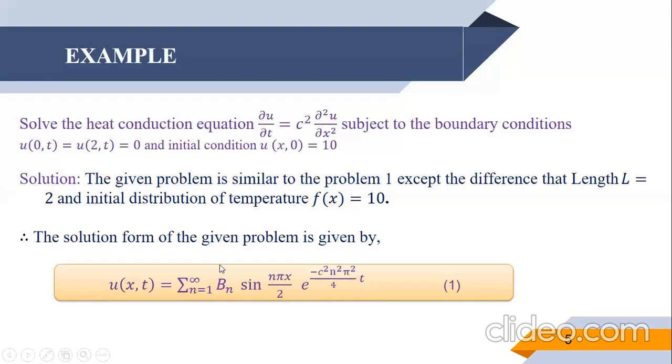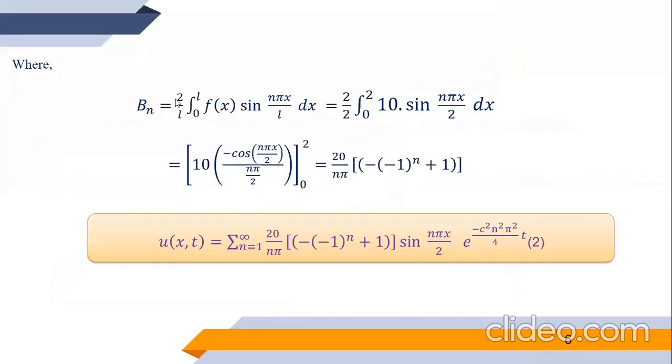Now we find the value of b_n. We know that b_n is the Fourier half range sine series coefficient, which is defined as 2 by L integration 0 to L f(x) into sine(n pi x by L) dx.